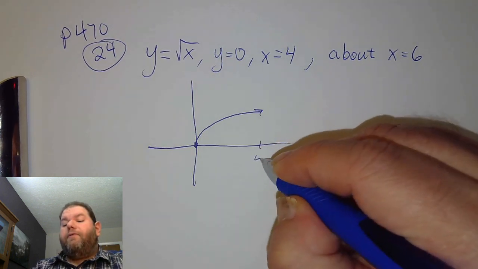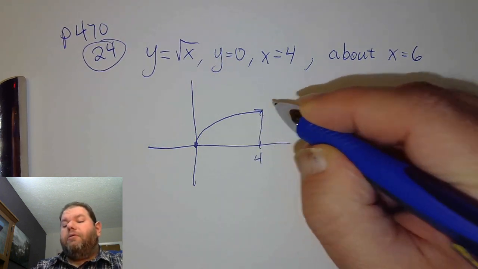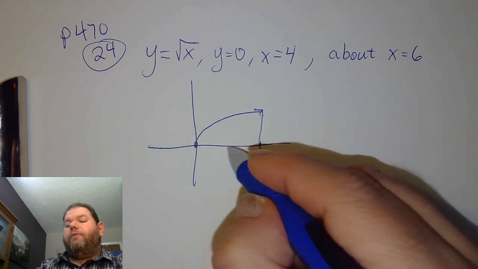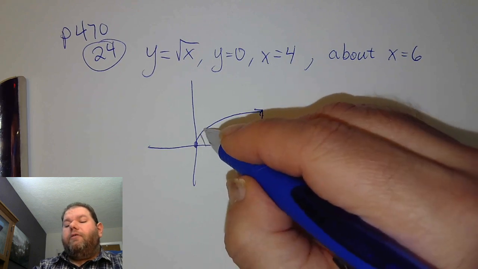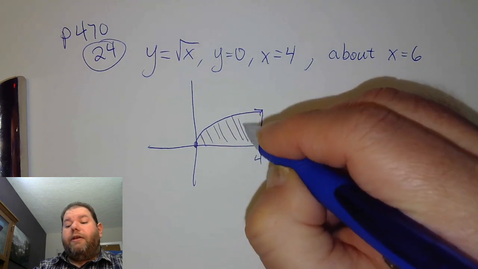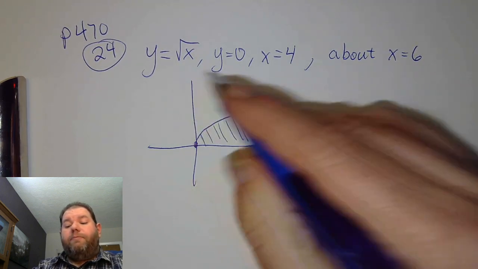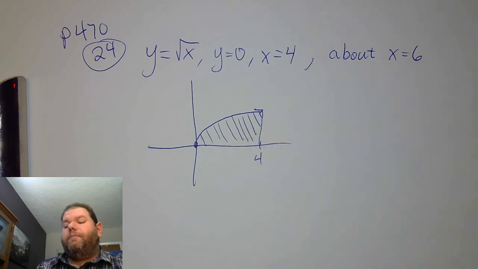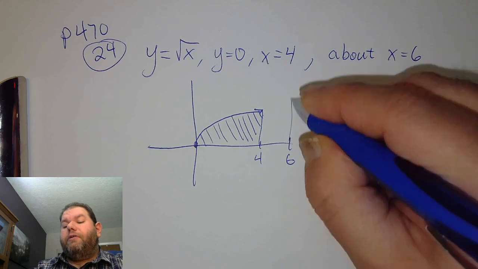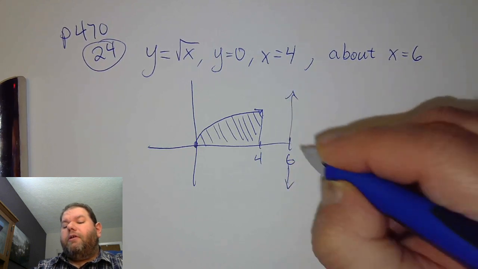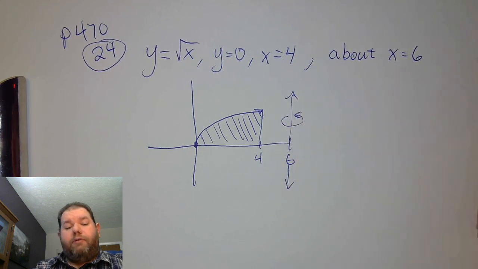And it's going to stop at 4. And we also have y equals 0, so we have this boundary, and the graph. So we can see that this is our shaded area that ends up being enclosed by the three equations. X equals 6 is over here. This is our axis of revolution.